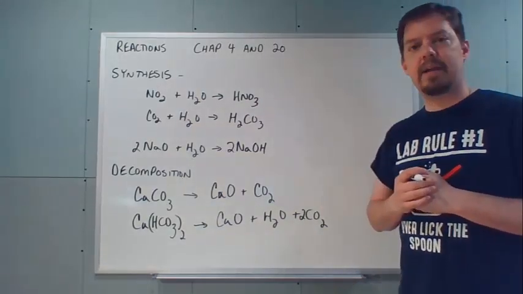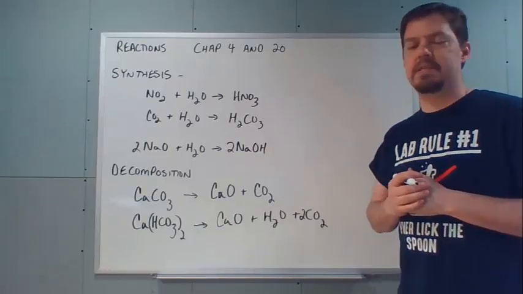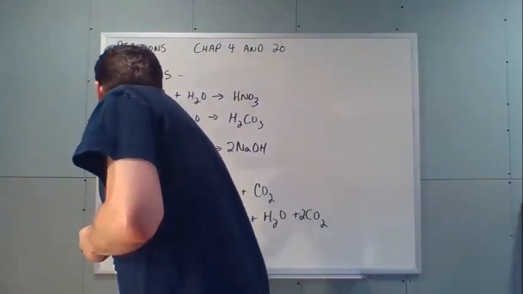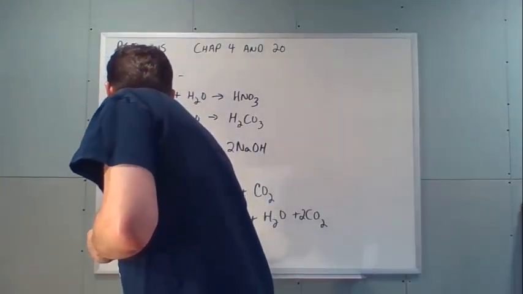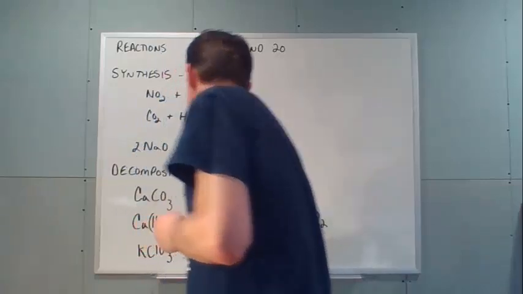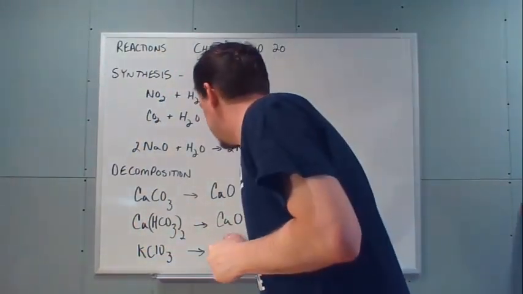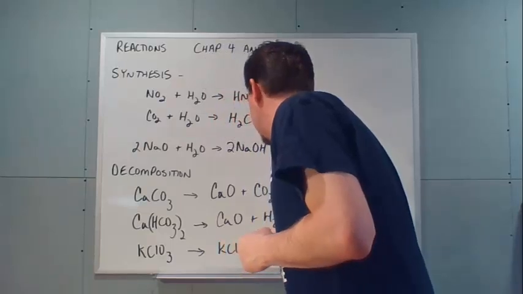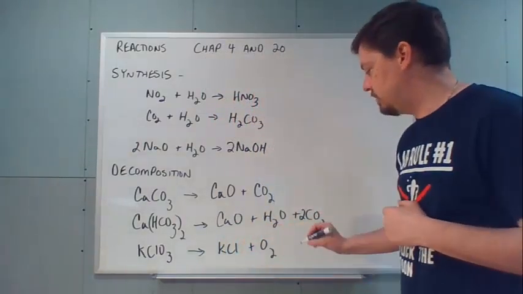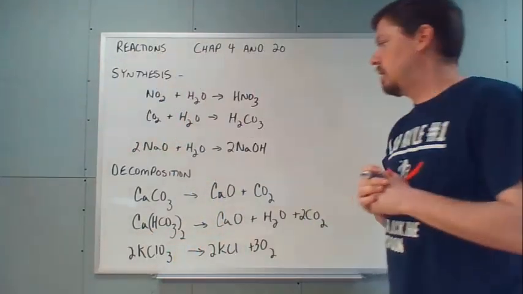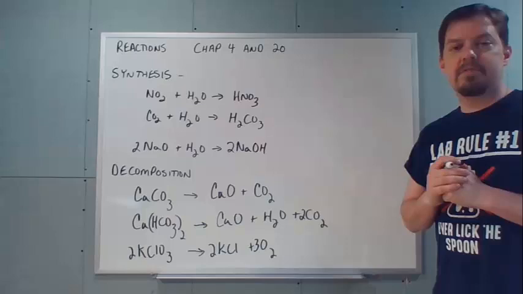And then the last one that comes up that's not just a reverse of a synthesis is when you have the chlorates. So like potassium chlorate, the decomposition of that one is going to give you your salt, your potassium chloride, and oxygen. And obviously you got to do some work to balance that all out. So there's a sample of decomposition reactions.